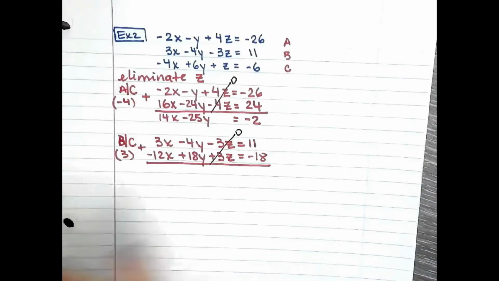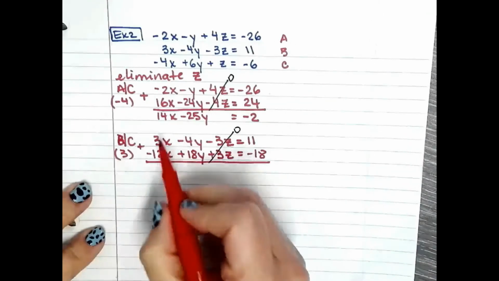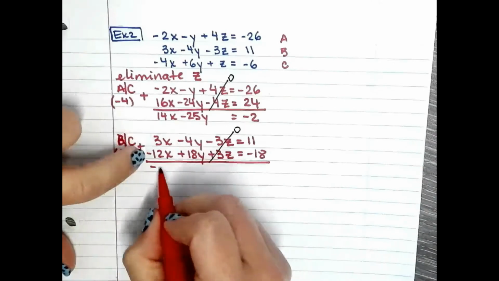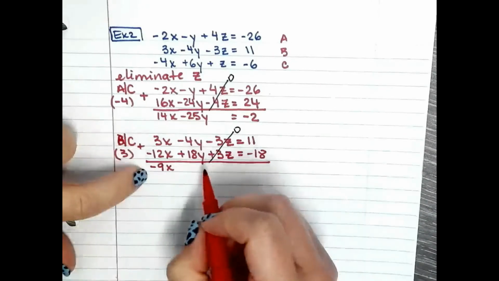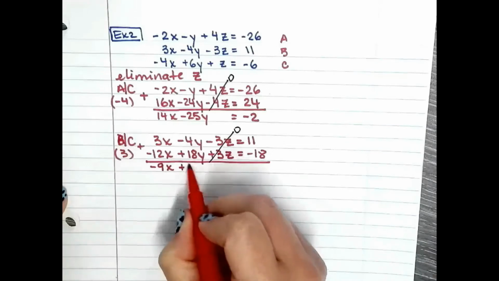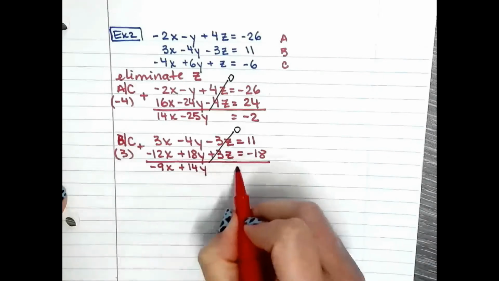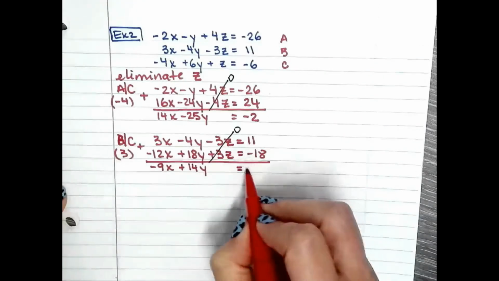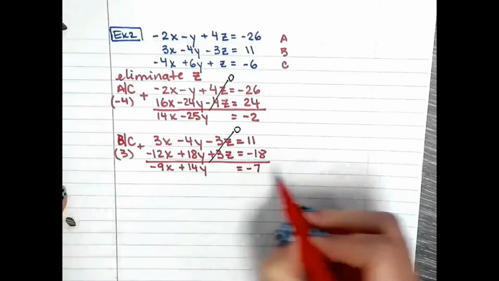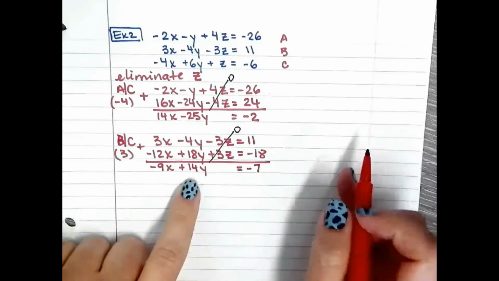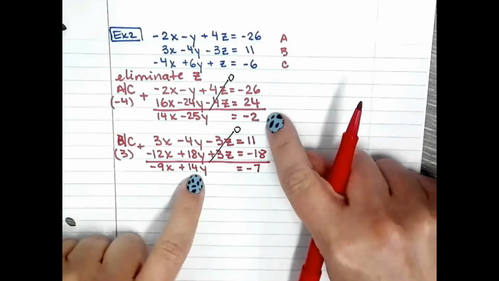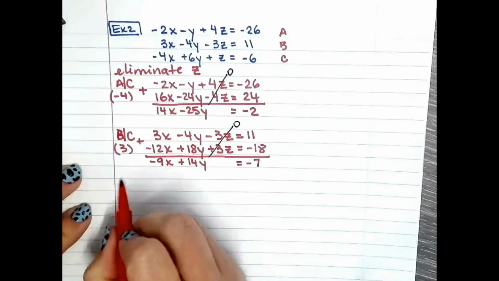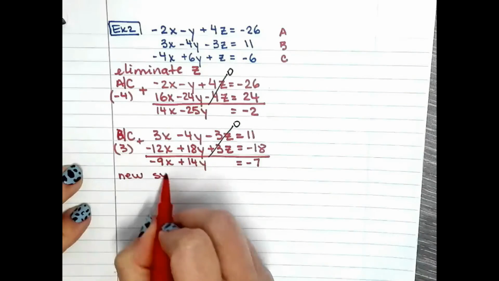When you add them up, you get 0z. And then 3 minus 12 is 9x, negative 9. Okay, so here I have my 2 equations for my new system. So my new system.